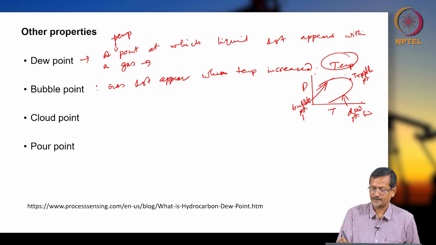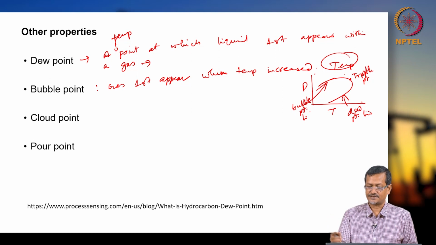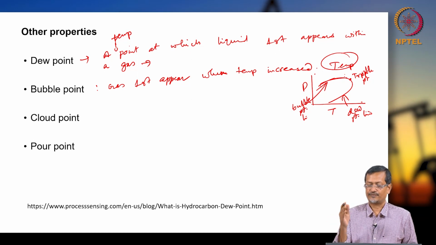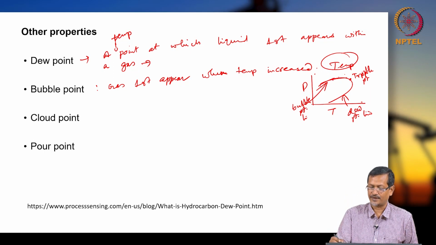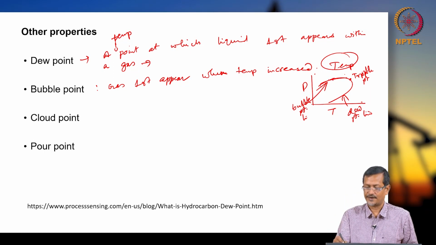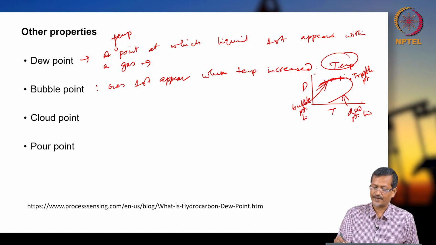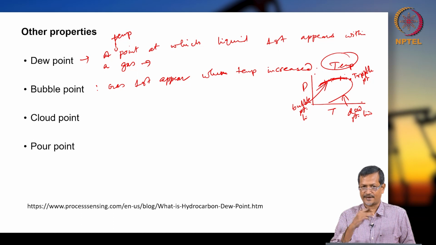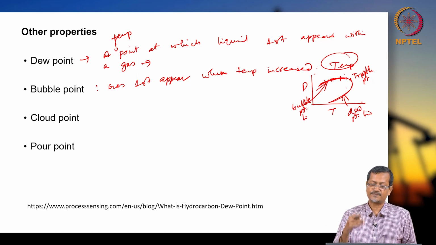Actually this is a line, because you have two phase flow and you are changing temperature and pressure simultaneously, that's why you are getting a line. If you fix one, let's say if you fix one pressure and you change temperature, then you will get only one point. Again for another pressure you will get another point, another point, another point. In that way you got different points and you connect all the points, you are getting one line for bubble point. Similarly you are getting a dew point line also, because this is a mixture of fluid.